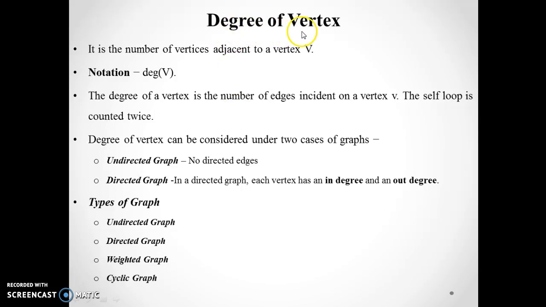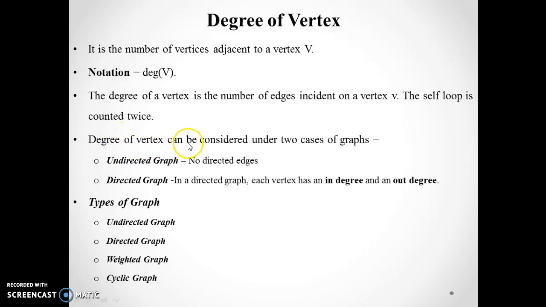The degree of vertex. It is the number of vertices adjacent to a vertex V. The notation for degree is DEG in brackets V. The degree of a vertex is the number of edges incident on a vertex V, and a self loop in the graph is counted twice.